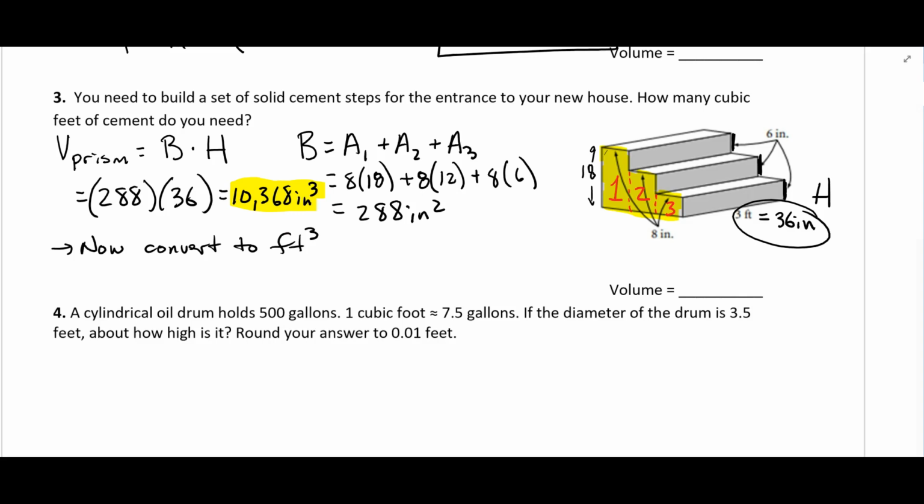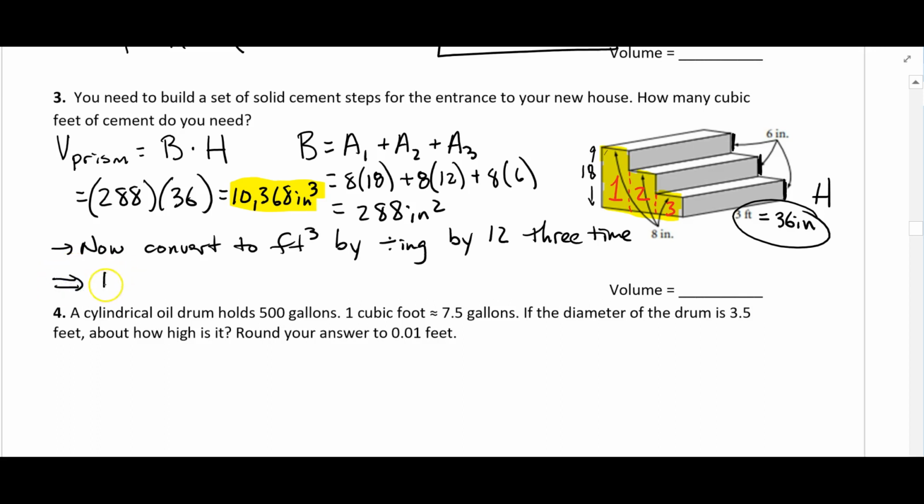So now convert to feet by dividing by 12 3 times. Okay, so once for length, once for width, and once for height.